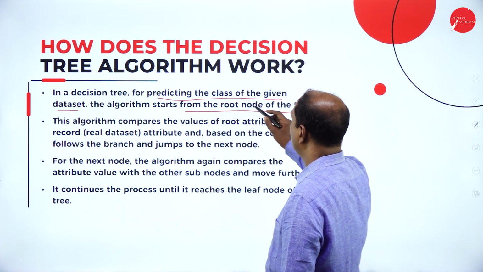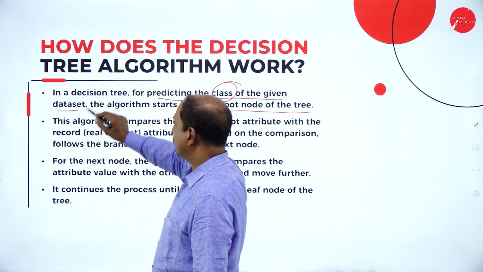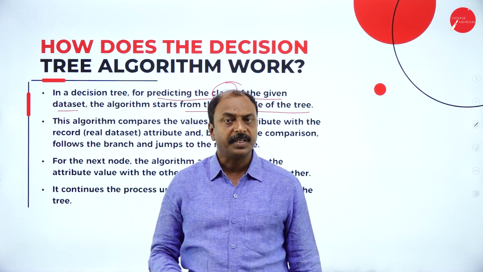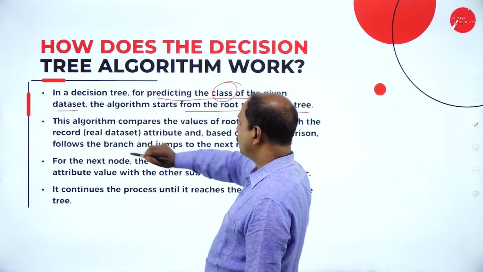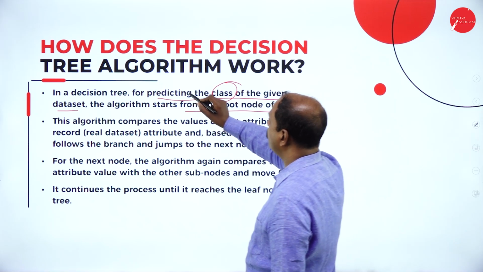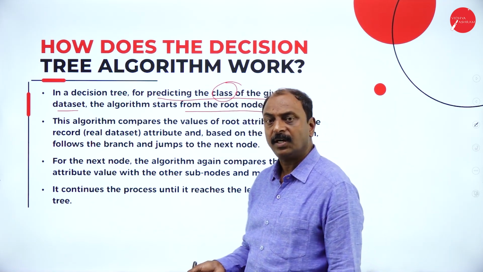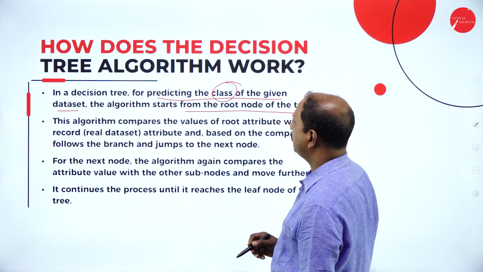It is going to predict the class of the given data set. We have learned in supervised learning, there is classification as well as regression. So what is the meaning of classification? It predicts which class, category or group a particular object belongs to. That is the purpose of this decision tree.